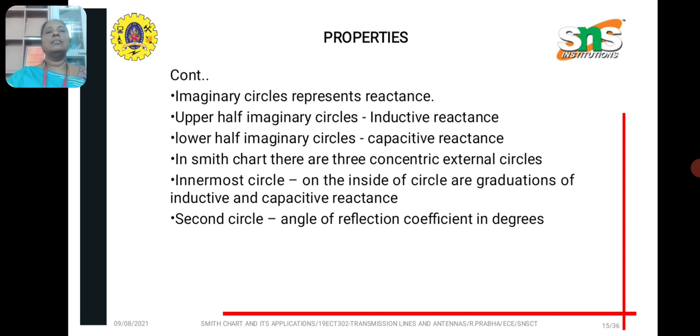In the Smith chart there are 3 concentric external circles. On the innermost circle are graduations of inductive and capacitive reactance, and after that we have a second circle which is represented by the reflection coefficient angle in degrees.